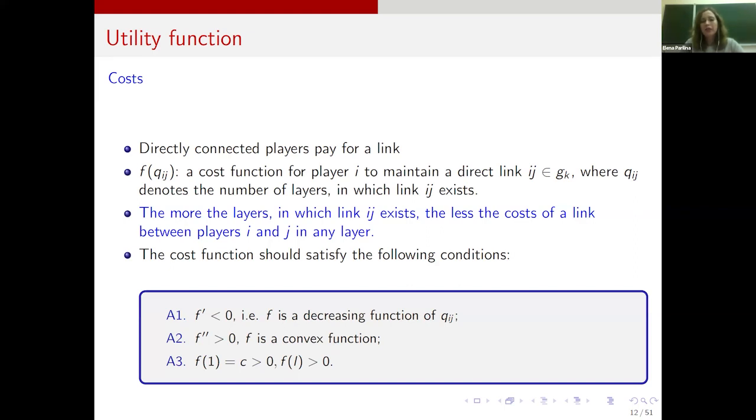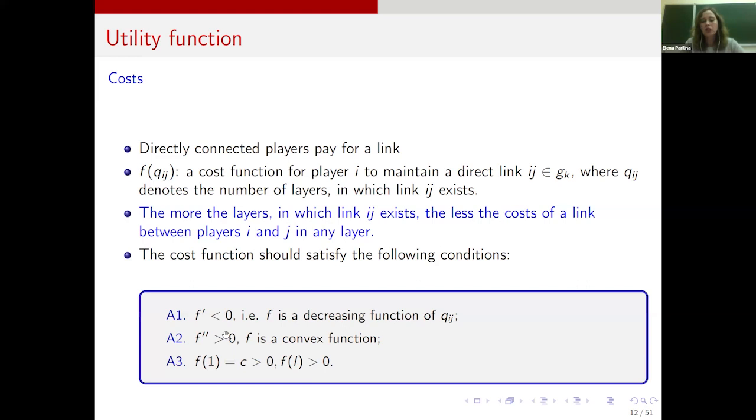So it will increase our total utility if we have connections in many layers with this player. That is why the cost function we model satisfies the following conditions.